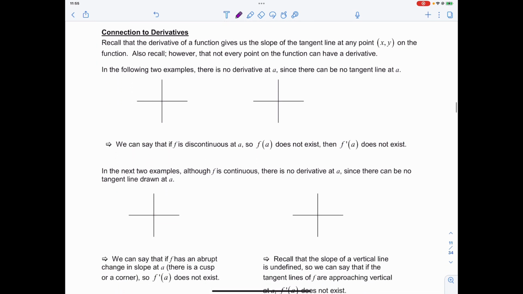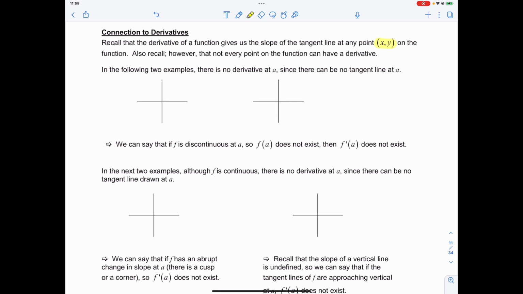When we're connecting this to the derivatives, recall that the derivative of a function gives us the slope of the tangent line at any point, x y, on the function. We also know, however, that not every point on the function can have a derivative. So for these examples, there's no derivative at a, since there can be no tangent line that occurs at a.